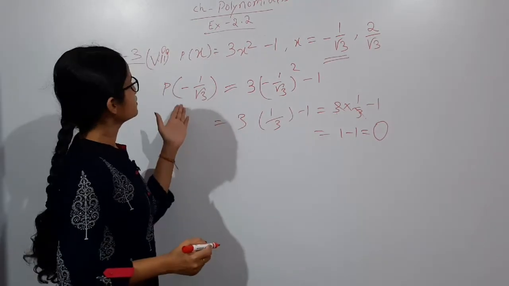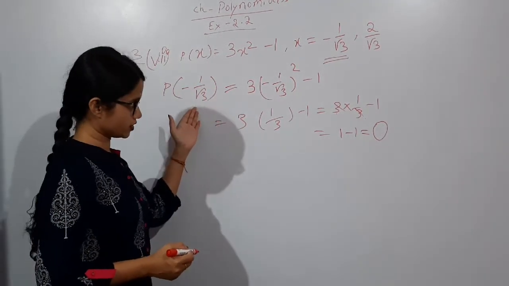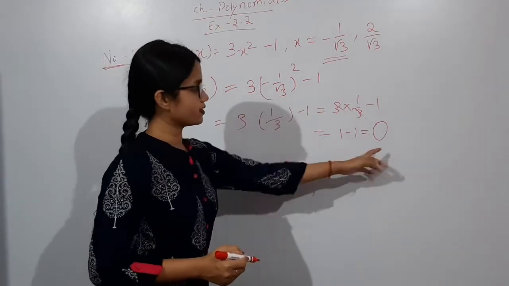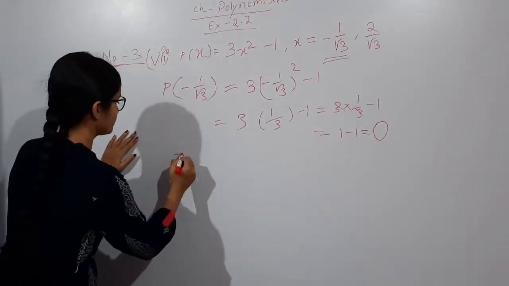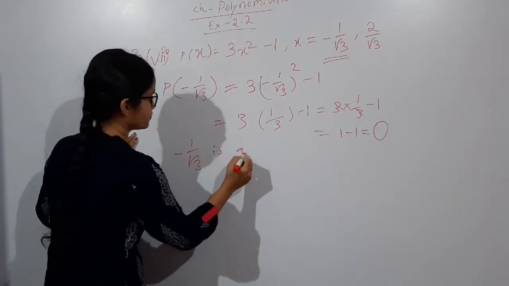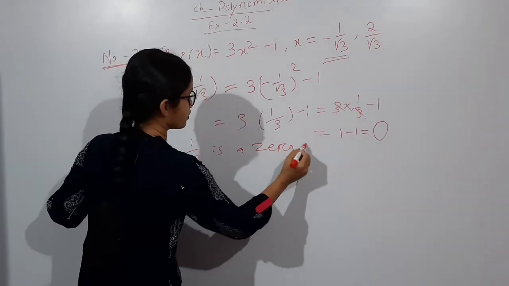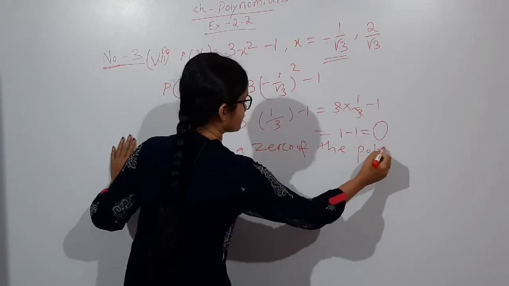Okay. Here if we take the value of x as minus 1 by root 3, then the value of the polynomial is 0. Okay. That's why minus 1 by root 3 is a zero of the polynomial.